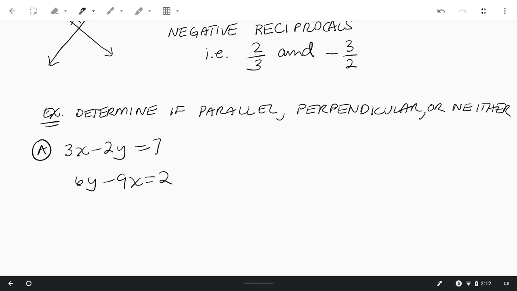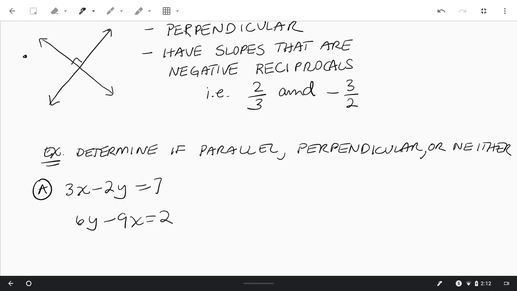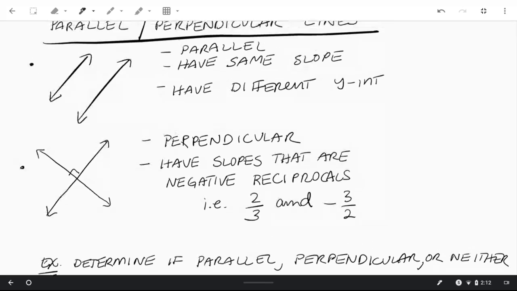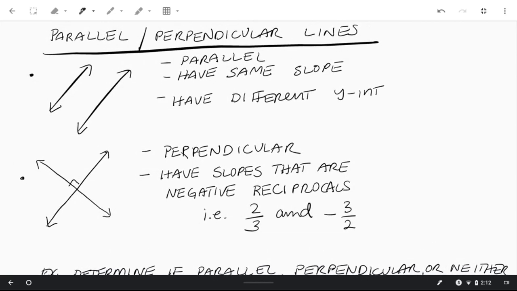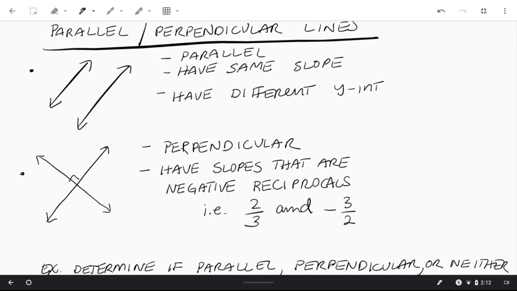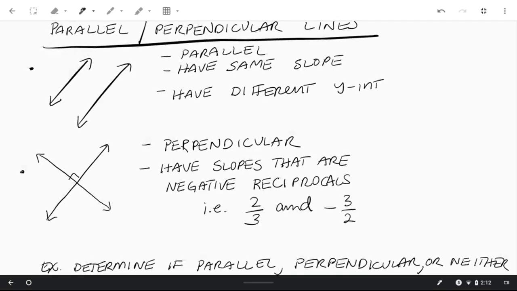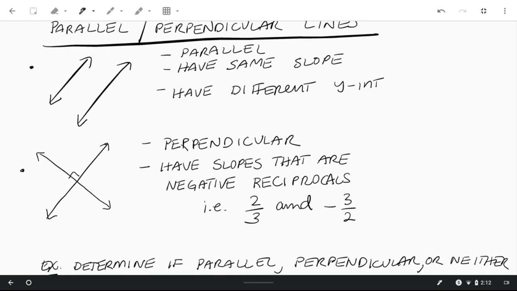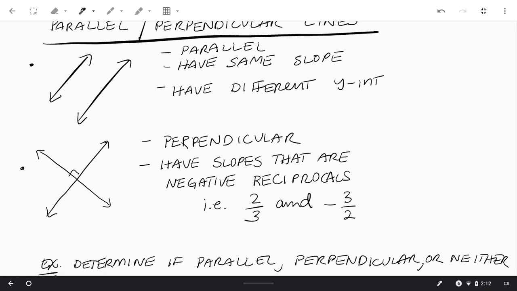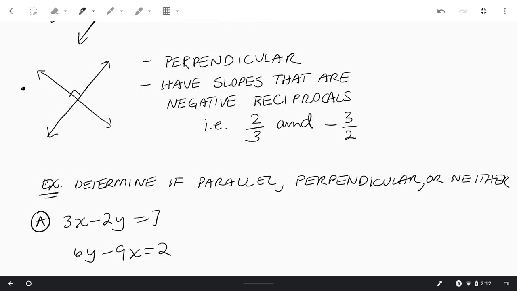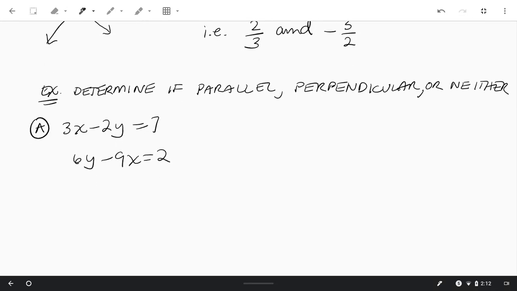And we know that we can tell if it's parallel or perpendicular by looking at their slopes.